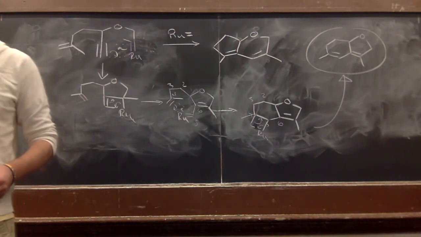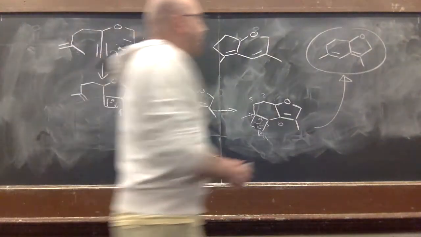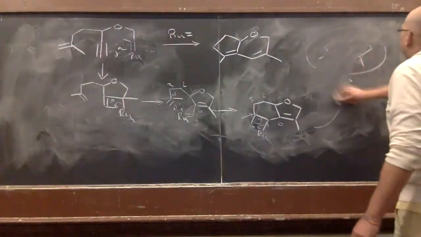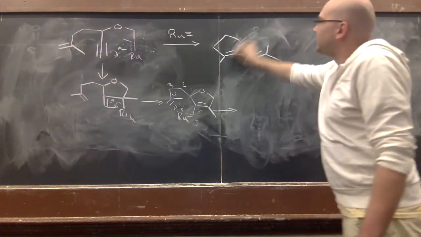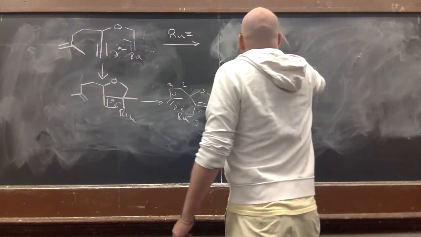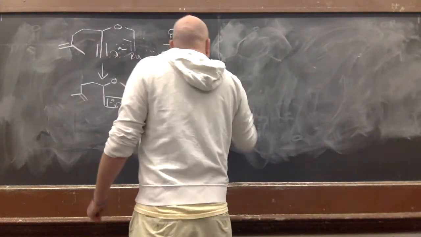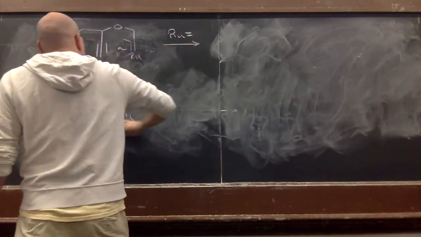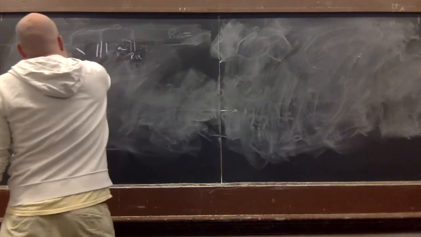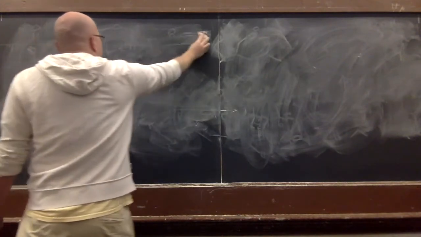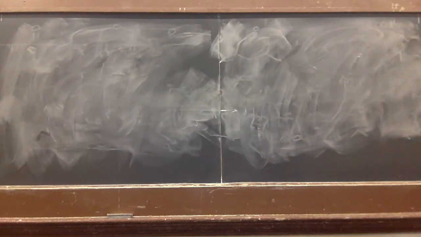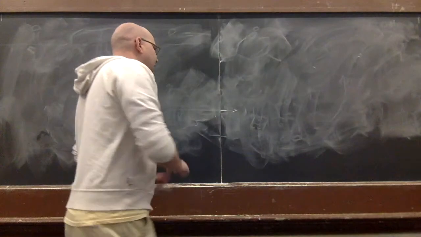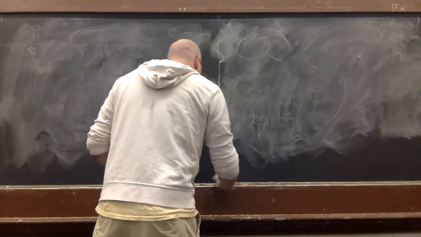Okay. All right, so we've got about a half hour. We'll do a Cope-Claisen stereochemistry question. Before I do, a lot of people come into my office and start drawing these Cope-Claisen mechanisms, and they go through these chair transition states.